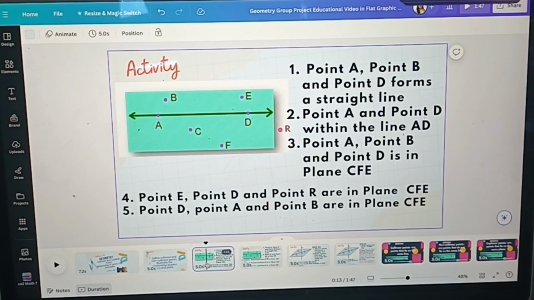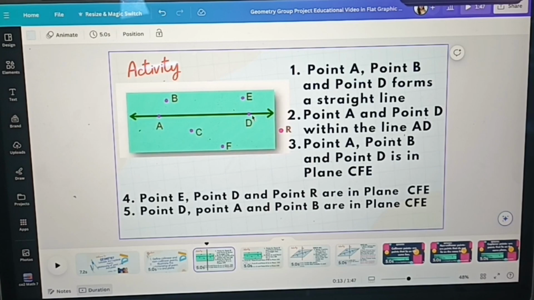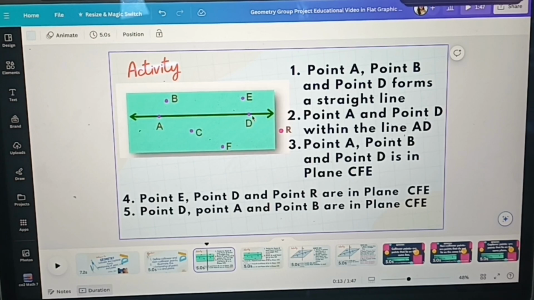Number 1. Point A, point B, and point D form a straight line. Number 2. Point A and point D are within the line AD. Number 3. Point A, point B, and point D are in the plane CFE.